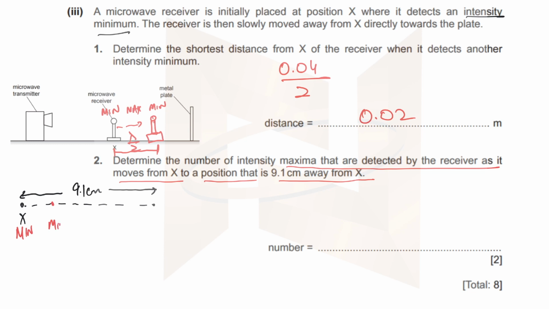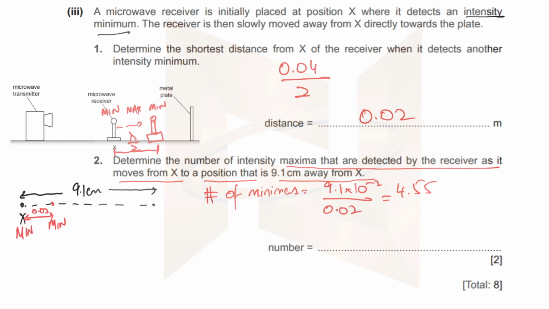Each minima is coming after what distance? After 0.02 meters, right? So if I ask you the number of minimas, you would simply say 9.1 centimeters, which is 9.1 × 10^-2, divided by 0.02. And the answer is 4.55. Those are your minimas.